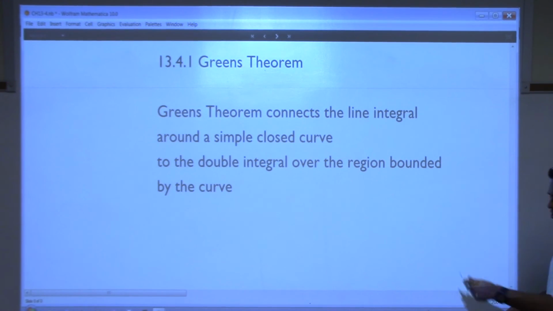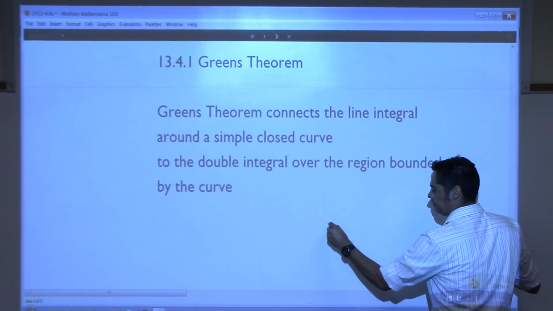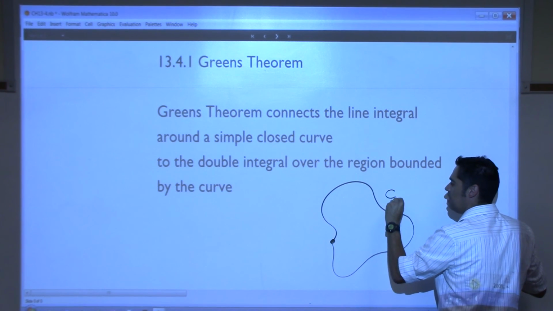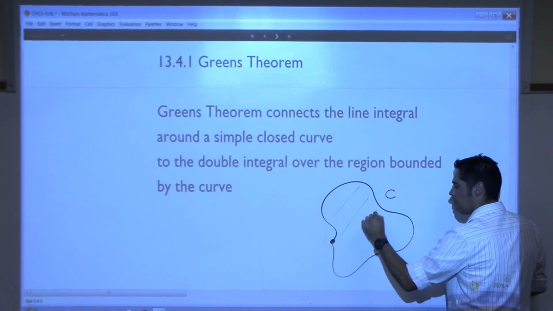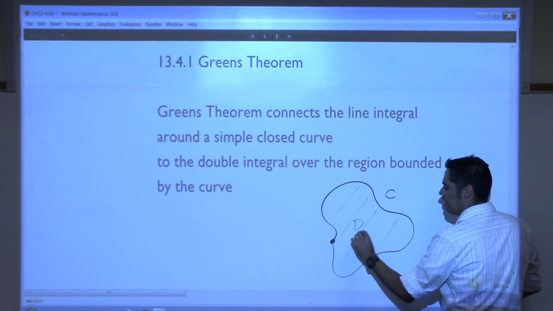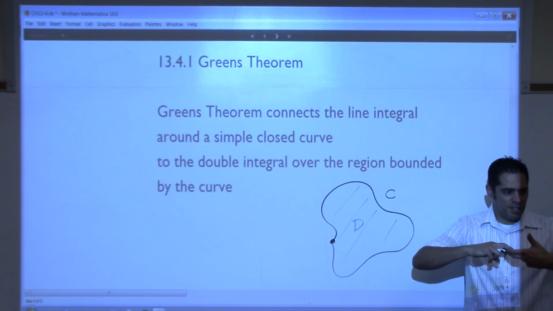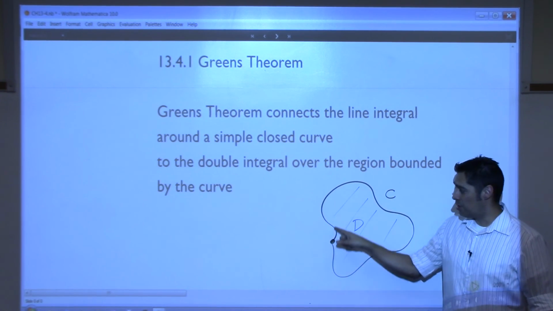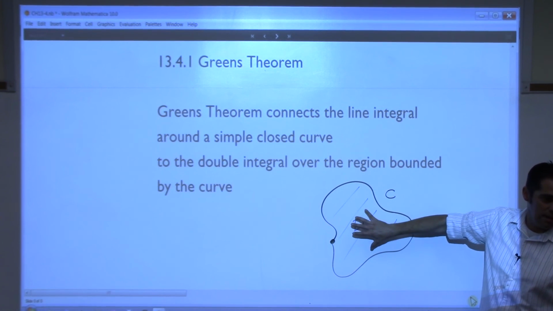So imagine, if I take a curve and I make it a simple closed curve, and I call that C, then by default, it encloses a region, doesn't it? And that region I could call D. Green's theorem shows us that there is a connection between the line integral around this curve and the double integral of the region that it encloses.